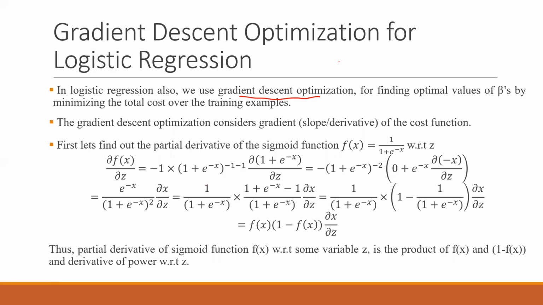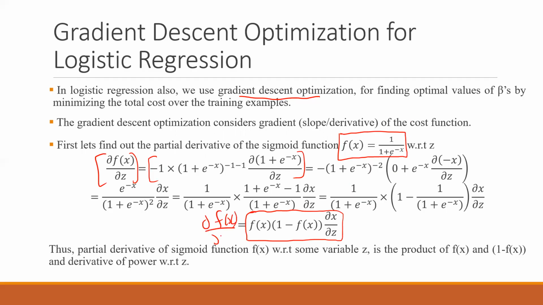Because my f(x) is 1 upon 1 plus e to the power minus z. When we take the first derivative and solve it, we get the final equation. We can say that delta f(x) upon delta z is equal to f(x) into (1 minus f(x)) into delta x by delta z.